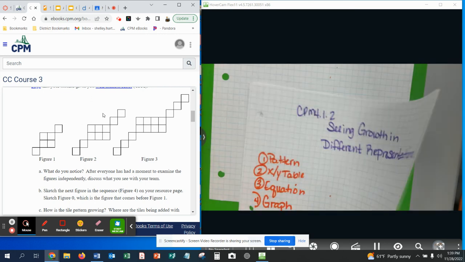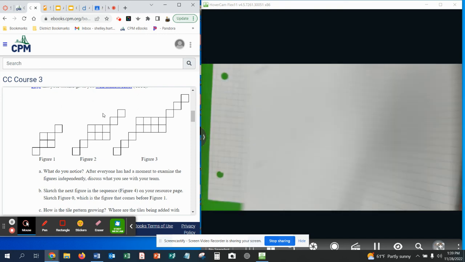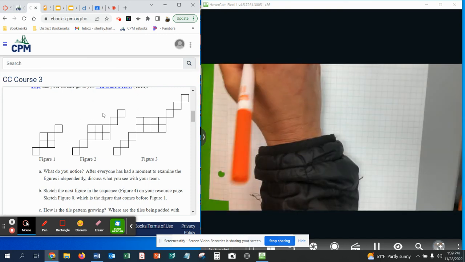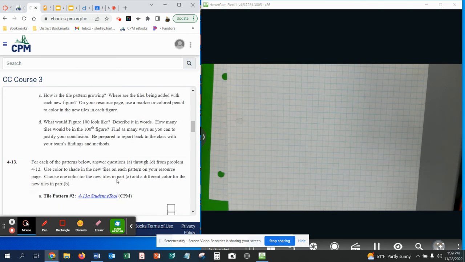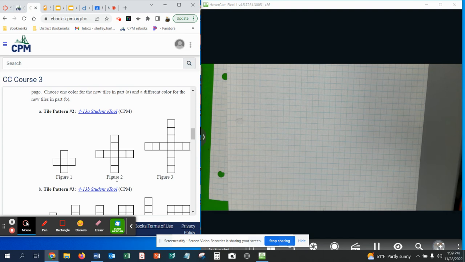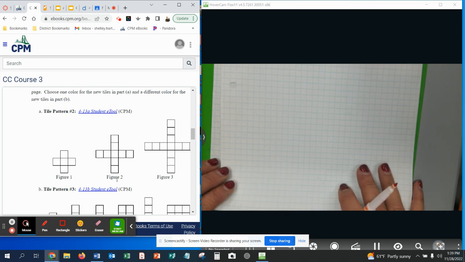Okay. Now, you guys should be readier to do more questions, right? So, number 2. Good. Here's our next pattern. Tile pattern number 2. What do I need, Miss Ross?